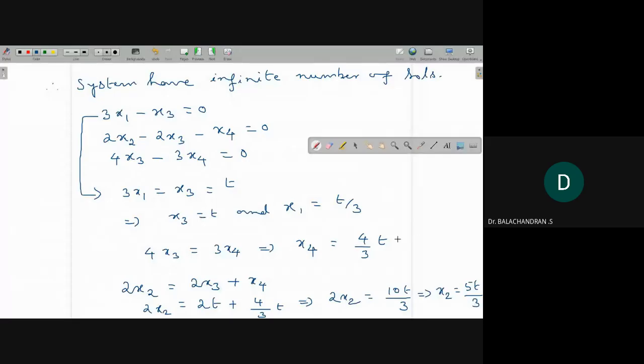Okay, so we have x1, x2, x3, and x4. Now write what is x1, x2, x3, x4.